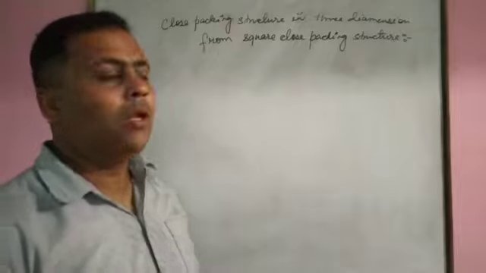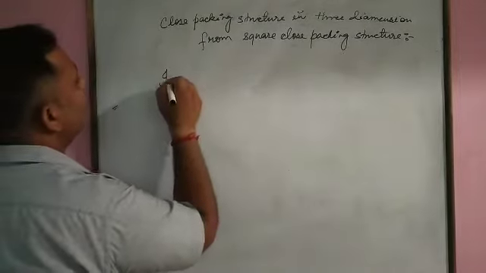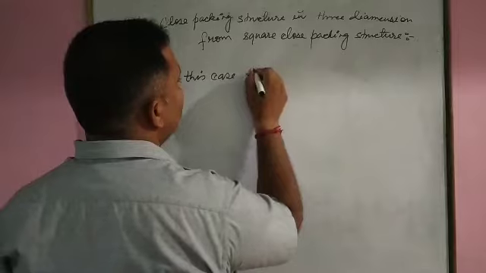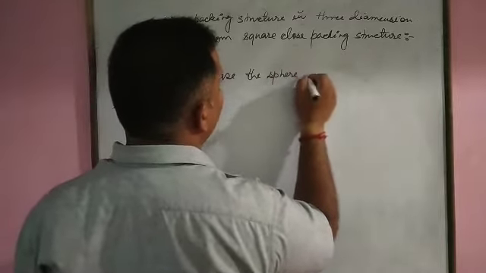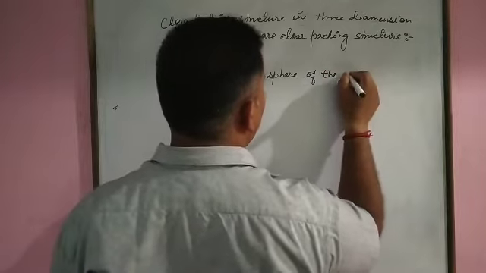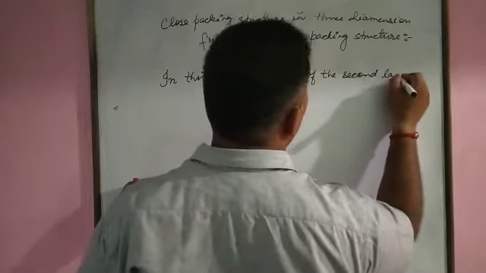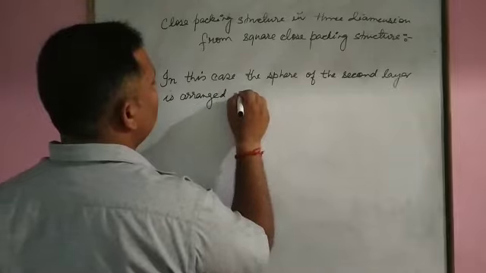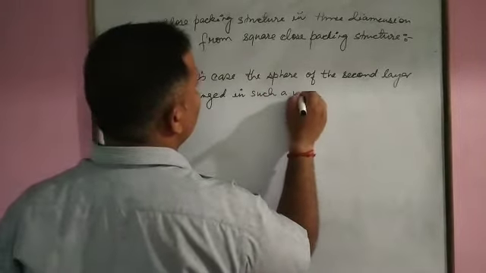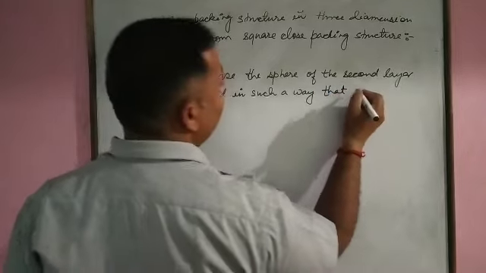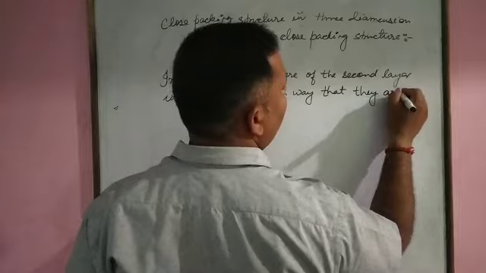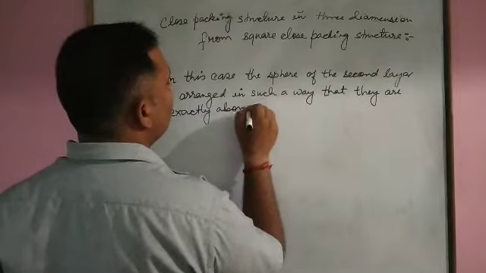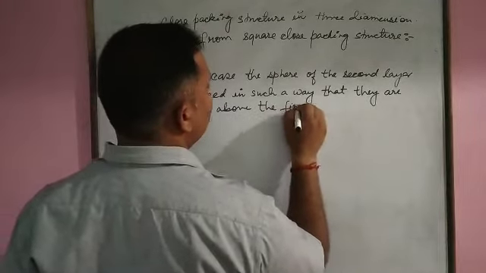Clear? In this case, the spheres of the second layer are arranged in such a way that they are exactly above the first layer.